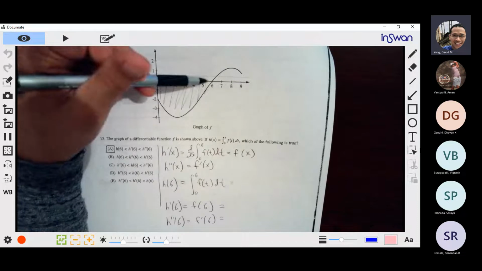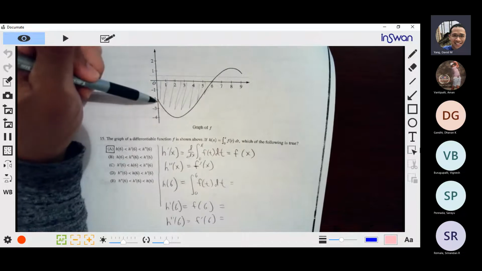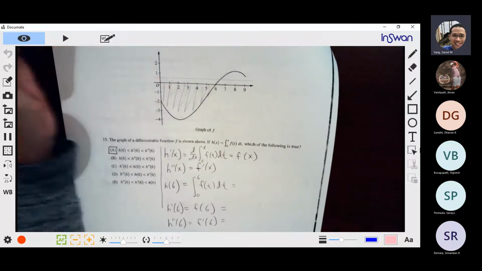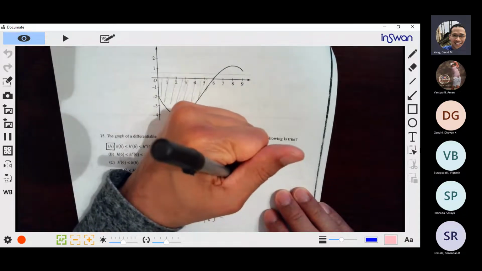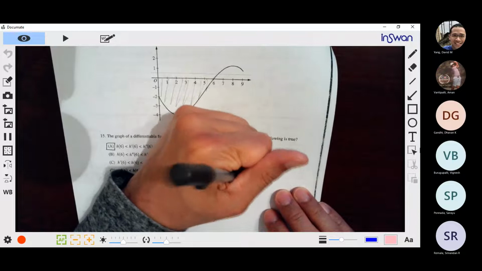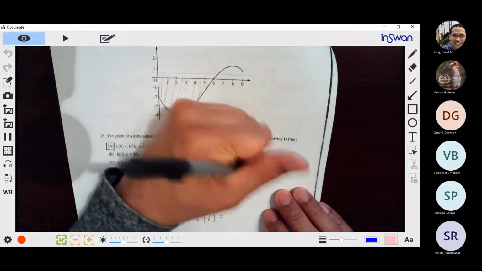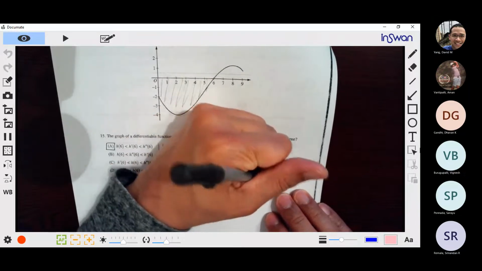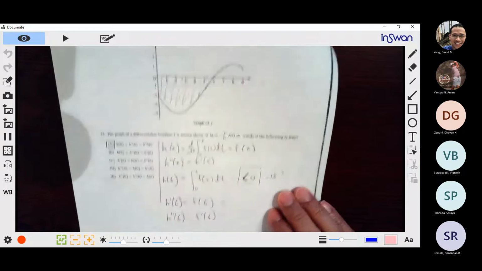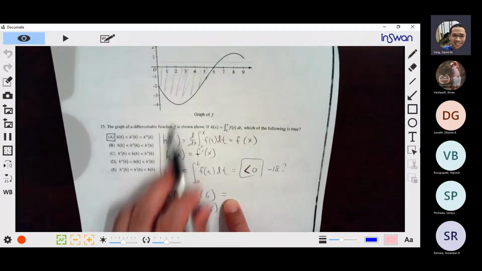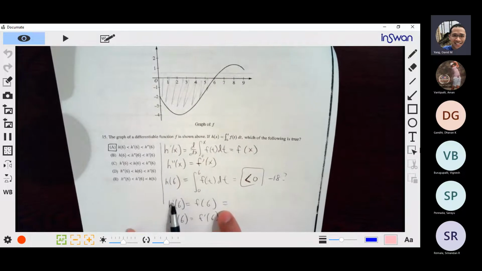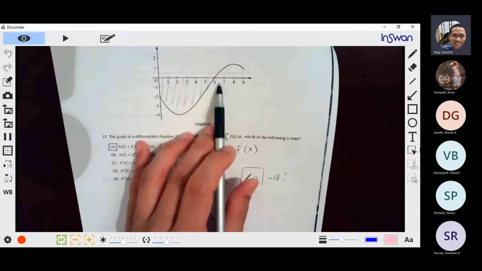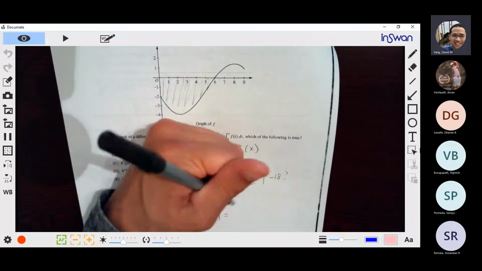So maybe something like, it's just an approximation, maybe negative 18-ish. So definitely less than 0. f of 6 is directly on the graph, right? On the x-axis. So h prime of 6 equals f of 6. f of 6 is 0.